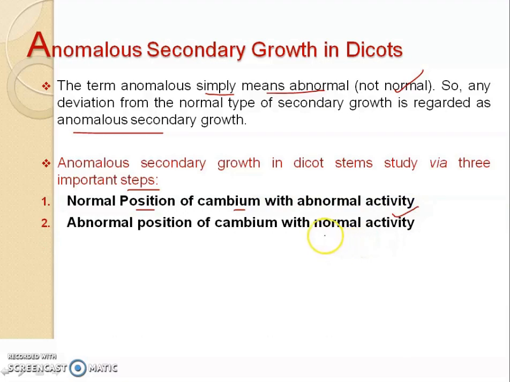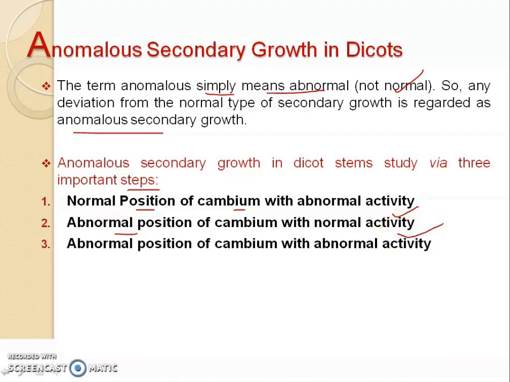Second is the abnormal position of cambium with normal activity. Here, the position of cambium is abnormal, but its activity is normal. And third one is abnormal position of cambium with abnormal activity. Here, both position and activity of cambium are abnormal.